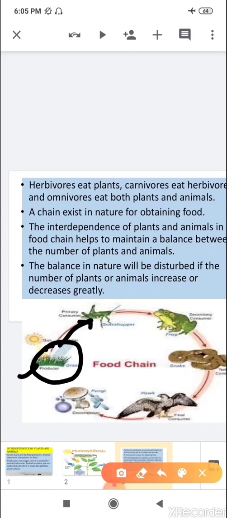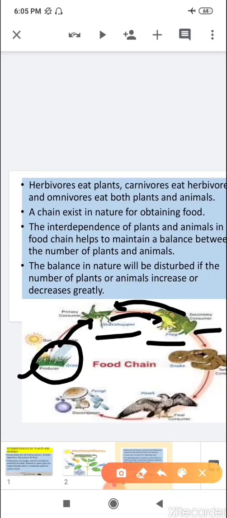You can see here the example of a grasshopper, which is herbivorous and eats plants as its food. Then the secondary consumer, here you can see the example of a frog, which is carnivorous and depends on other animals for its food.